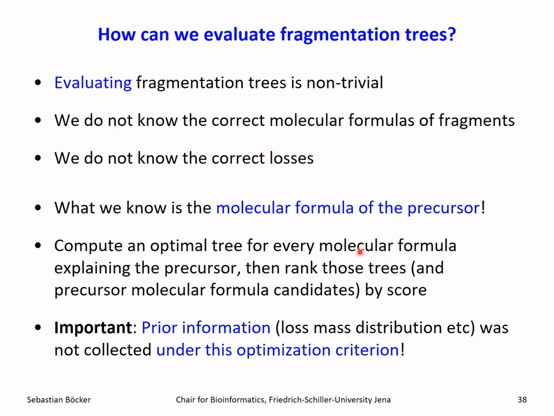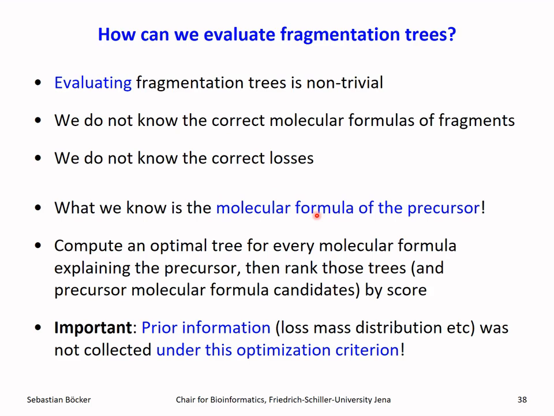Now, I'm usually very much against using prior information, and I'll probably make a separate talk on why I don't like meta scores. Okay? But here, this is not a big problem because the prior information has never been used so that we could identify more molecular formulas correctly. It has never been used. We didn't even talk about that up to this point. Okay, it's completely independent.